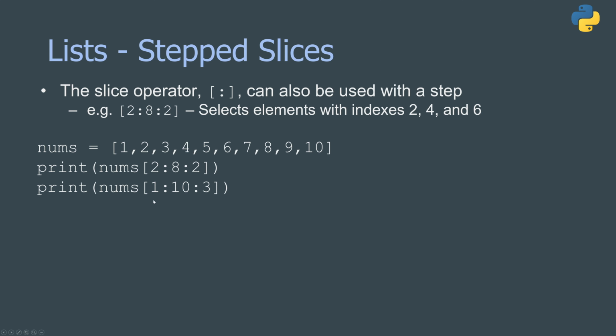Let's do one more. So index 1. Index 1 is the 2, but we're going to take a step size of 3 going up to index 10. So we're going to say 2 first of all, and we're going to go up 3 more to index 4. So index 4 is this 5. And then we're going to go up 3 more to index 7. Index 7 is this 8.